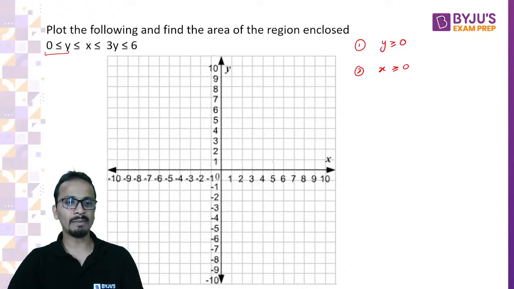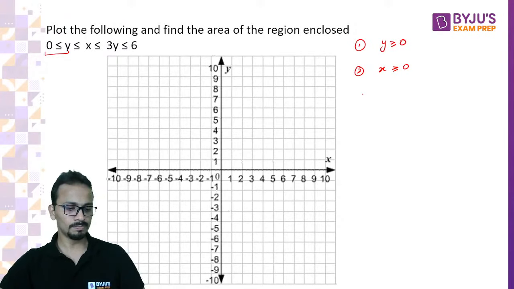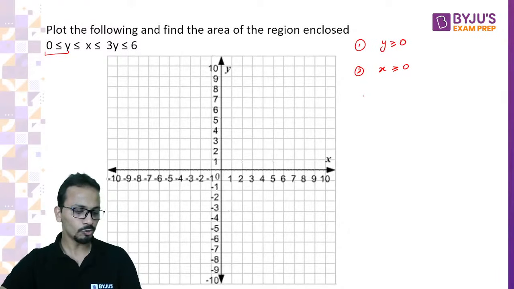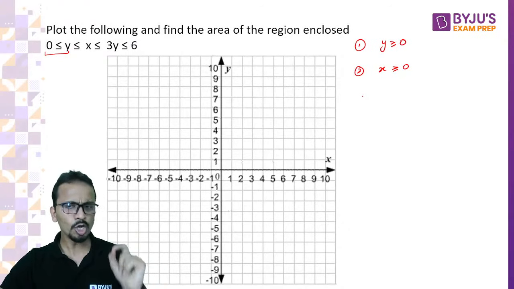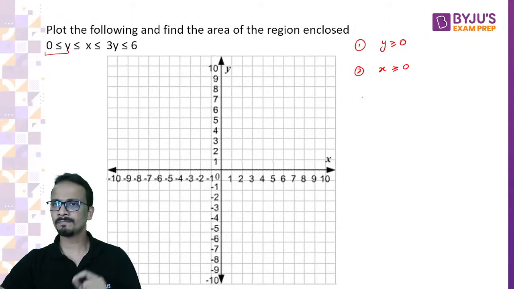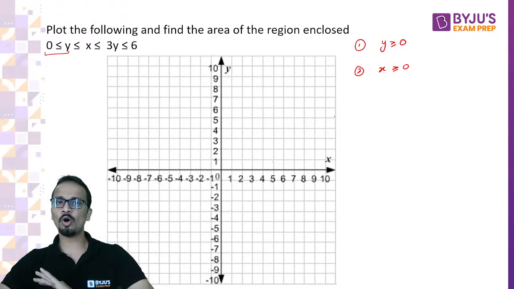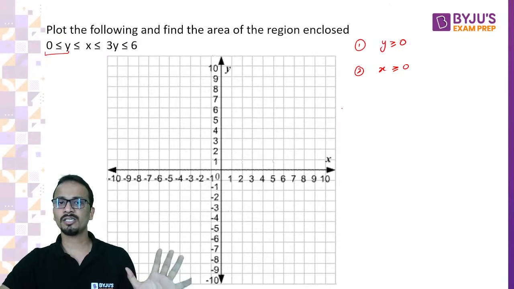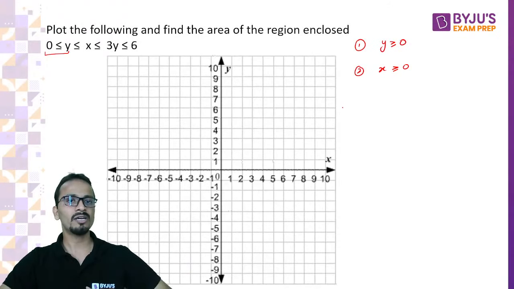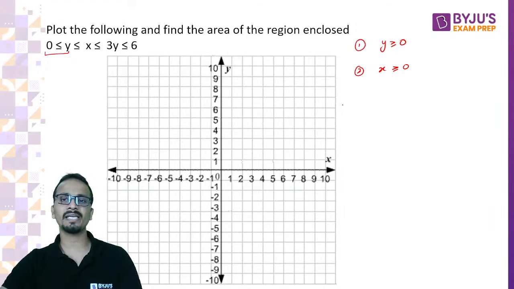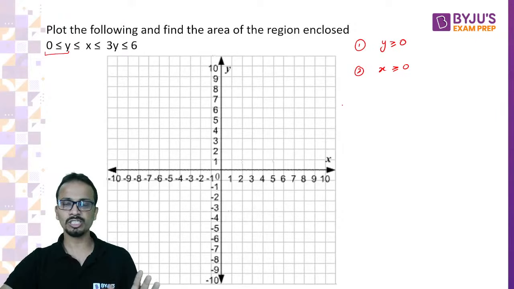All right, am I clear with this up till now? So y greater than equal to 0 and x greater than equal to 0. So Vicky, not only positive but 0 as well. ठीक है ना, x 0 भी हो सकता है, y भी 0 हो सकता है. So all the regions which are having either x as negative or y as negative, we will remove all those regions.